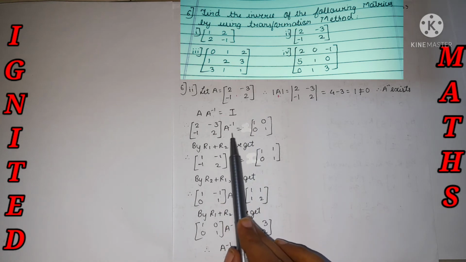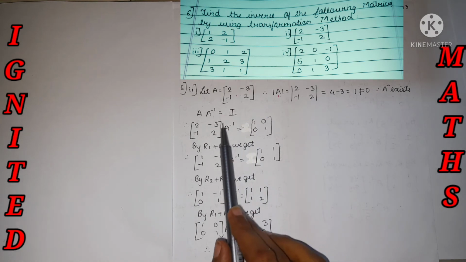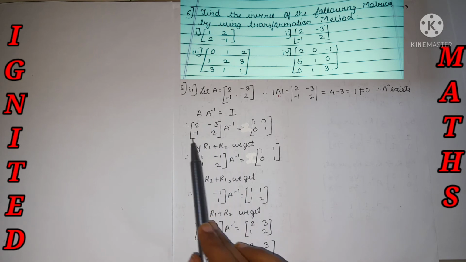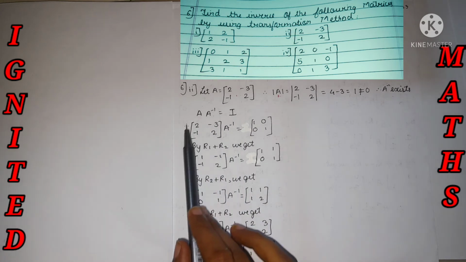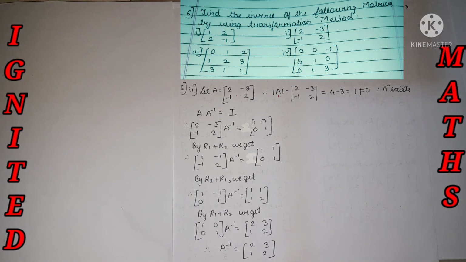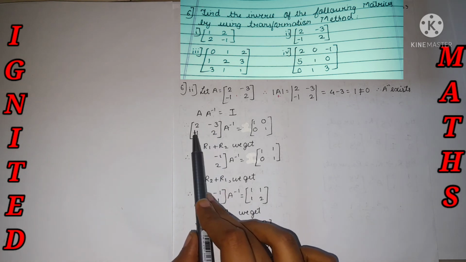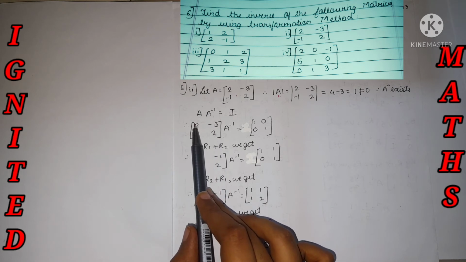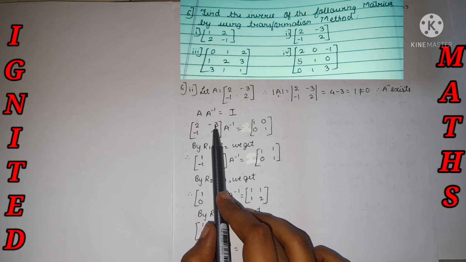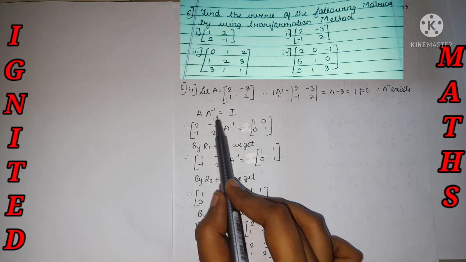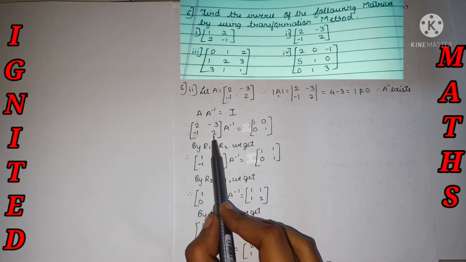Now we need to find the value of A inverse. For that, we need to represent the A matrix. In place of 2 we need to represent 1, in place of -3 we need to represent 0. Over here 0 and over here 1.